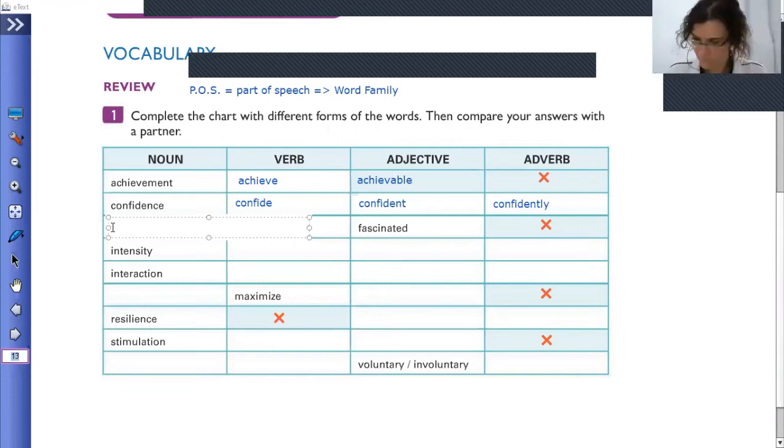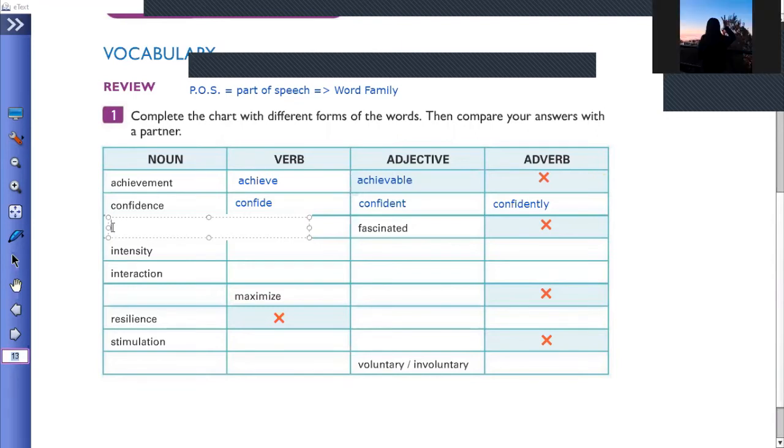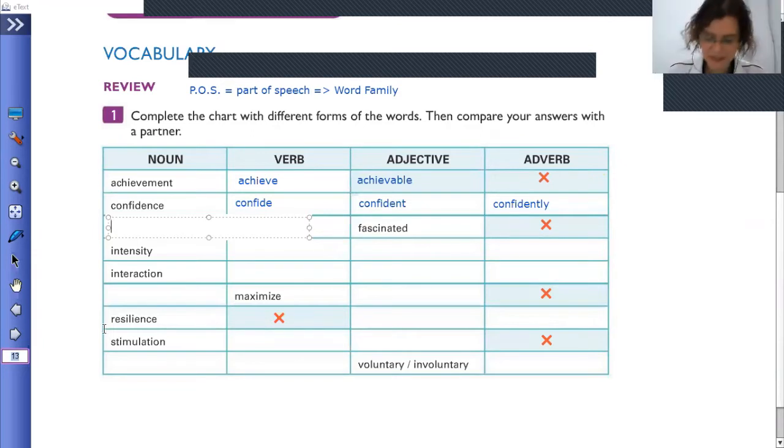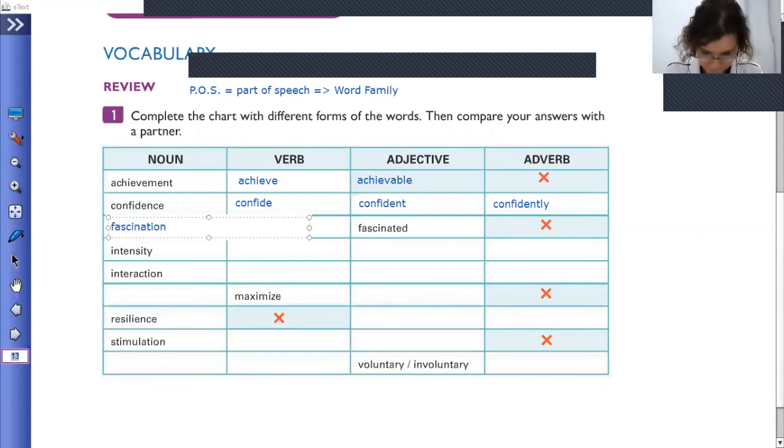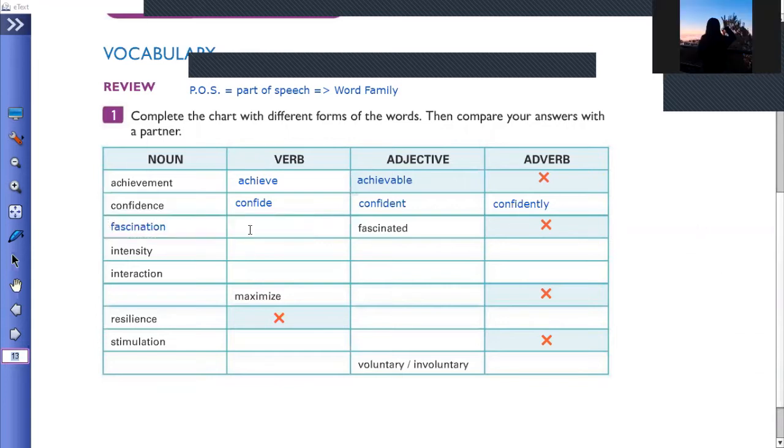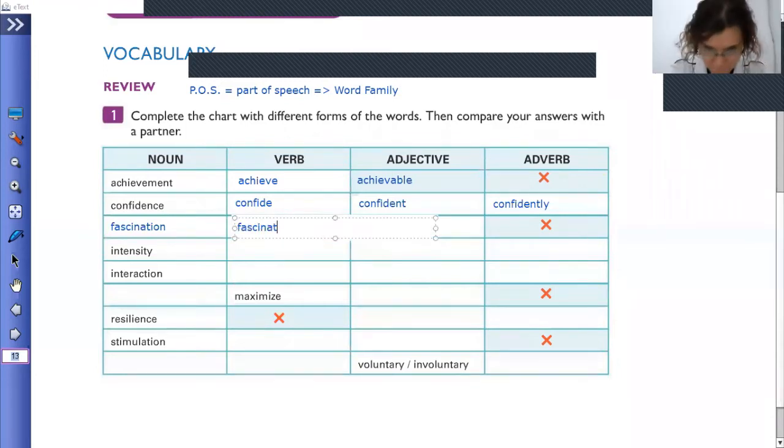Oh, so sad. Okay, let me ask Adisha. Yes, Miss. Hi, can you please do fascinated? What is the noun? Fascination. Yep. And then the verb? Fascinate. Yeah. There's no adverb, so basically we got it there.